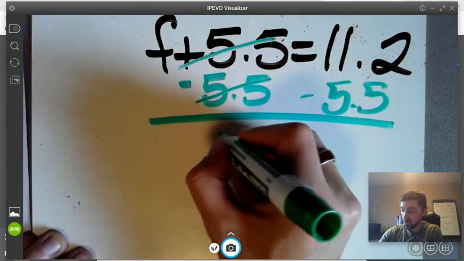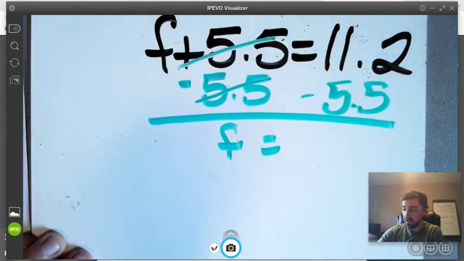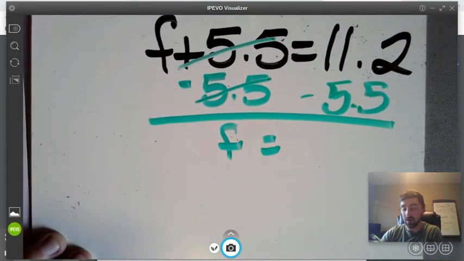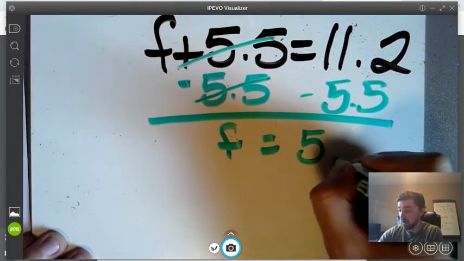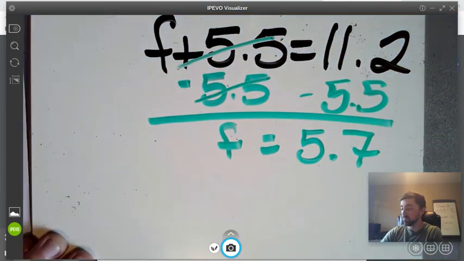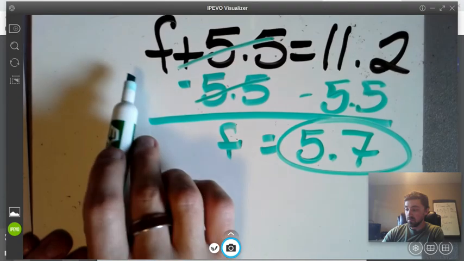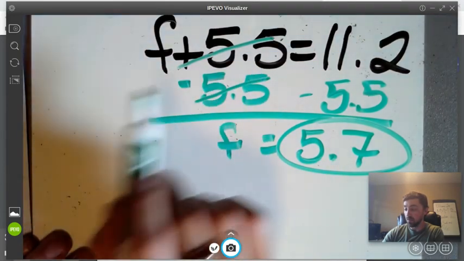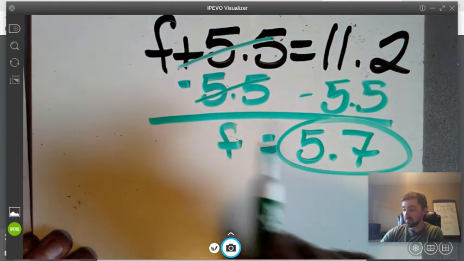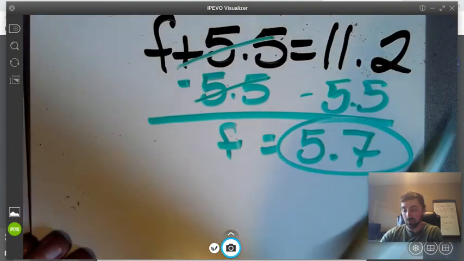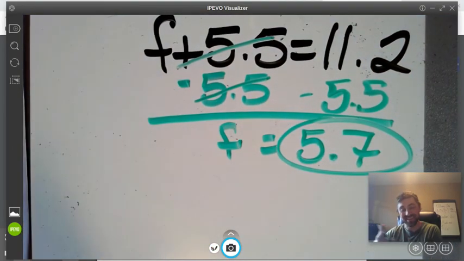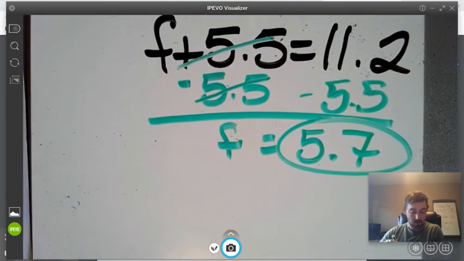F is already isolated, so we know whatever our answer is here is going to be our final answer, and that is 5.7. We can check it. Does 5 and 5 tenths plus 5 and 7 tenths equal 11 and 2 tenths? It does.